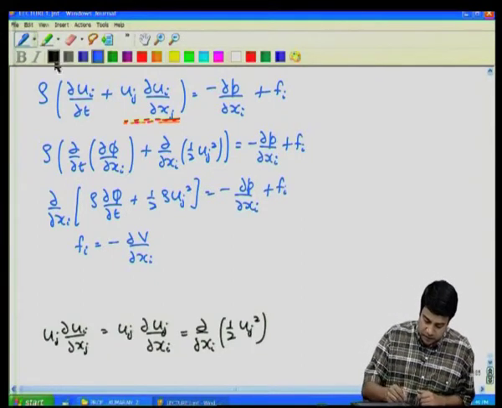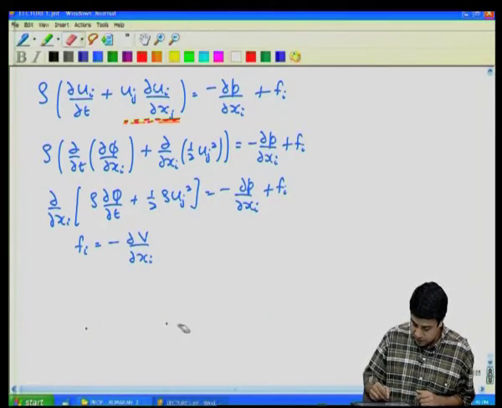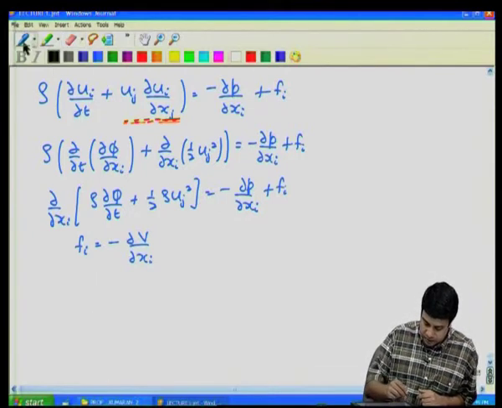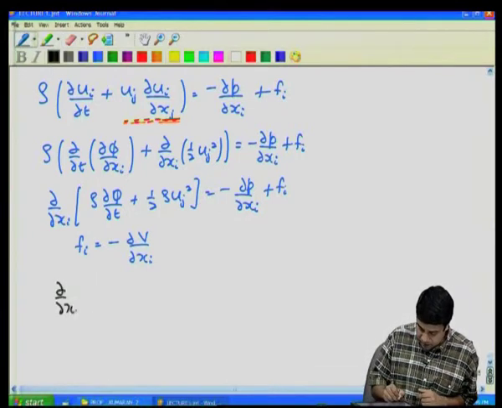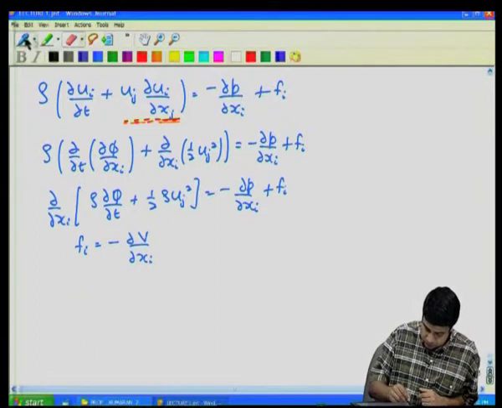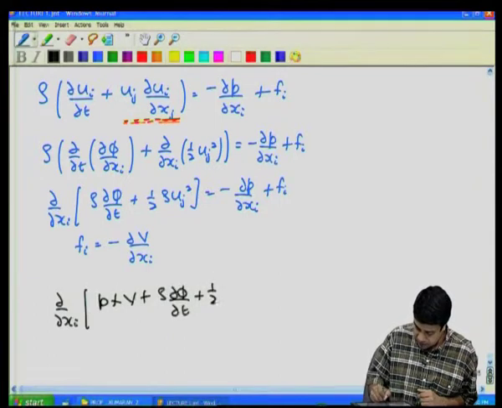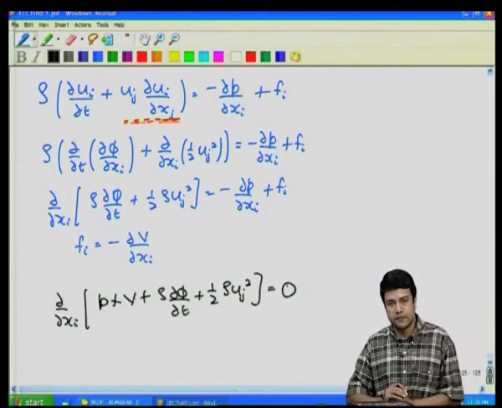So, if I can write this in terms of the body force, and the body force in terms of the potential, my entire equation becomes partial by partial xi of p plus V plus rho partial phi by partial t plus half rho uj square is equal to 0.